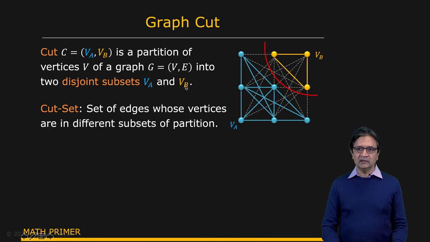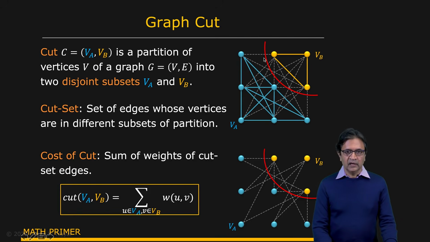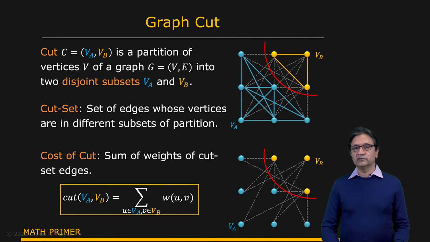And the cut set is essentially the set of edges whose vertices are in different subsets of the partition. So this is the cut, and these edges correspond to the cut set. And finally, we have the cost of a cut. The cost of the cut is simply defined as the sum of the weights of the cut set edges, that is, all of these edges right here.